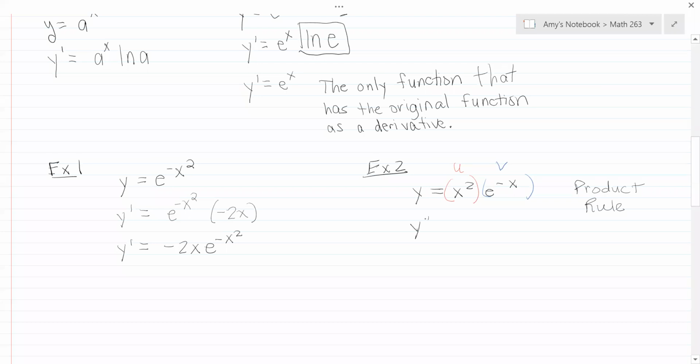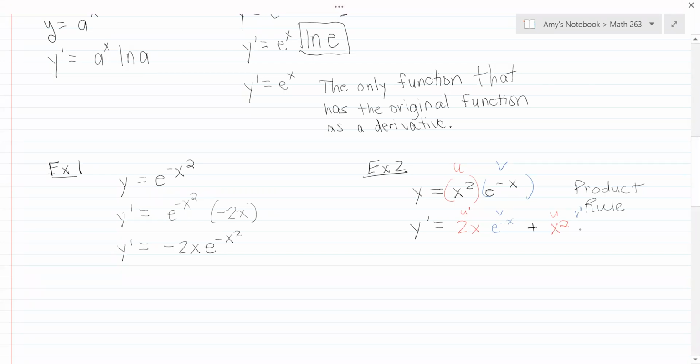The derivative of your u would be 2x times your v, plus your first function times the derivative of the second function.